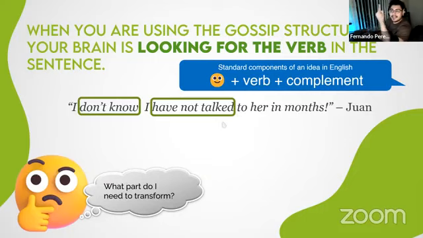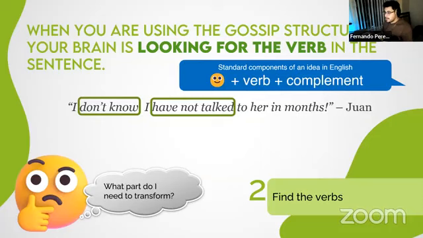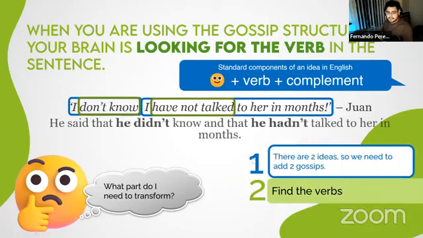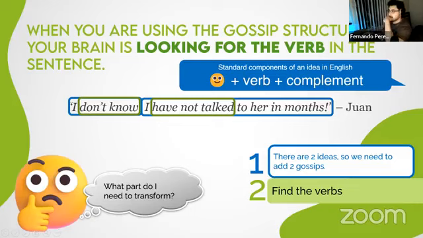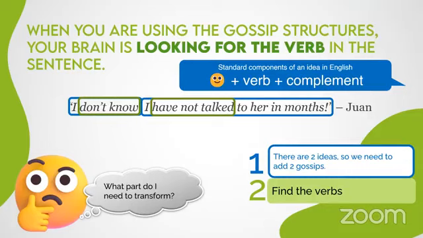Together is only one verb. So step number 2, find the verbs. Do you agree with me? Yes.